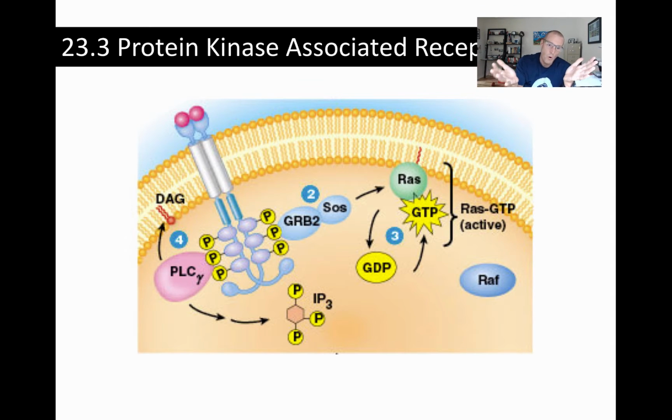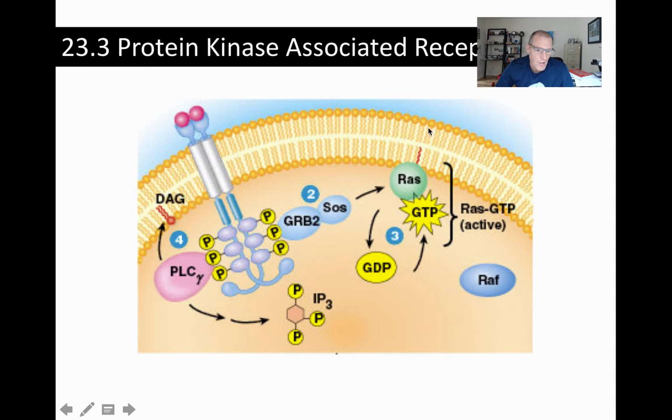When you get these phosphorylated tyrosines on the cytosolic tails, what's basically happening is that the association constant, the affinity constant, is becoming much, much tighter, or the binding is becoming much tighter. So GRB2, when it bumps into the receptor now, rather than just bumping in and letting go, it's going to bump and stay stuck there for much longer. And so we've recruited GRB2 to the receptor along with this important protein called SOS.